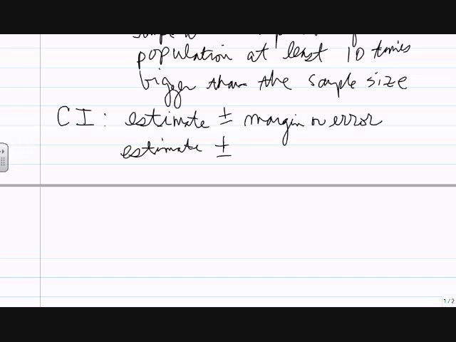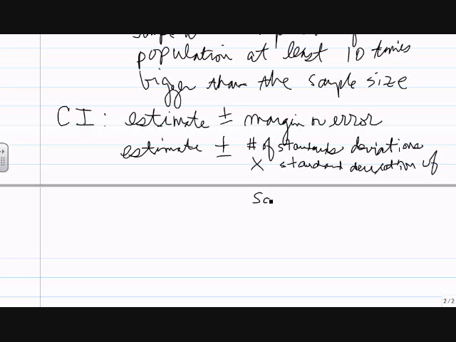Really, plus or minus the number of standard deviations times the standard deviation of your sampling distribution. Now we're going to do a mean today.